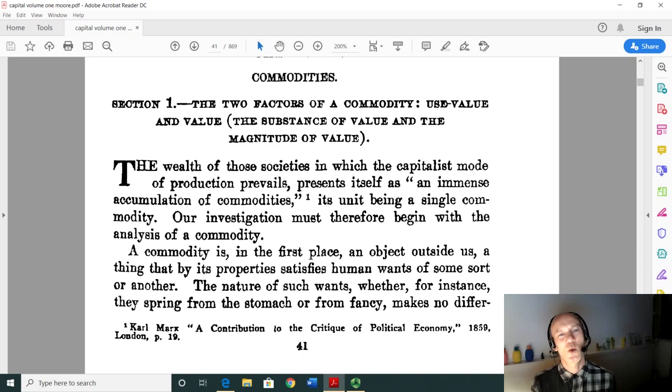So basically, the wealth of these societies consists in heaps of stuff. Basically, I think that is the sort of implication here in the way it is formulated. And the unit of this stuff, this accumulation of commodities, is the commodity. And that is therefore, because it is the principal unit of what constitutes wealth, it must be the starting point of the analysis. That's what he's saying here in the first sentence.